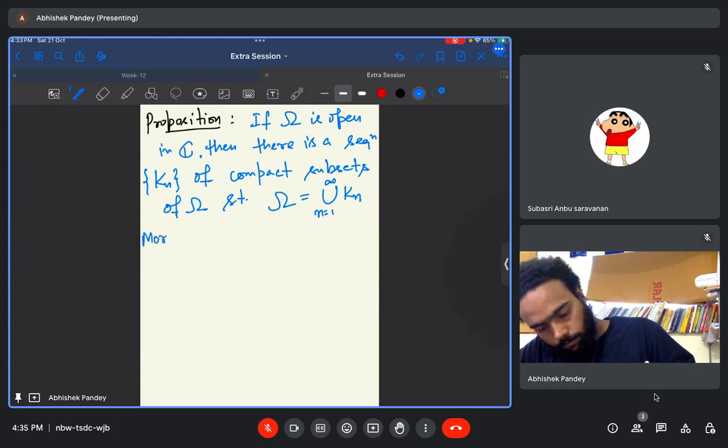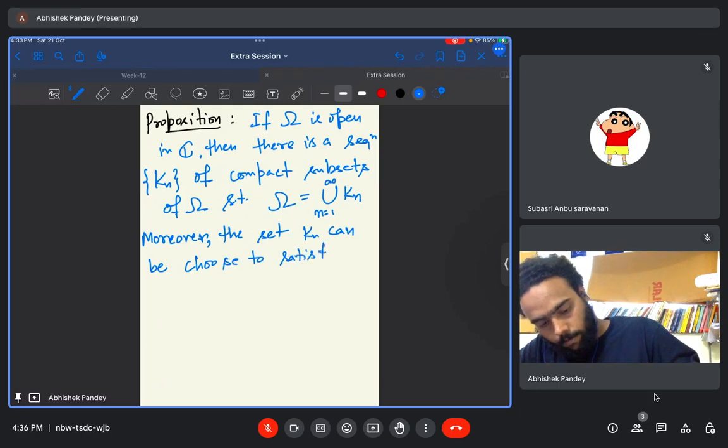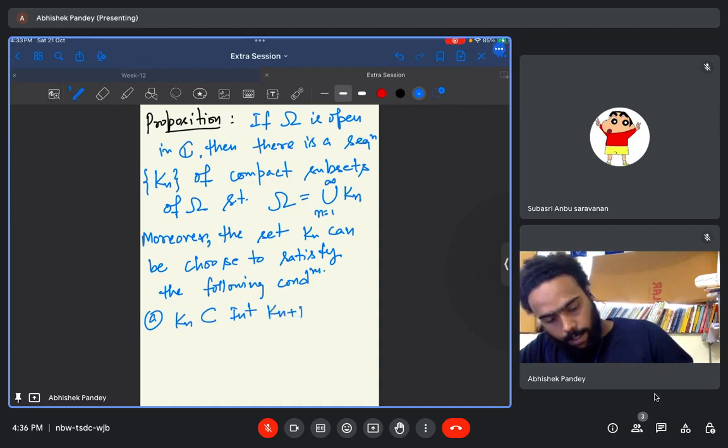Moreover, the sets Kn can be chosen to satisfy the following conditions. A: Kn is a subset of the interior of Kn plus 1.